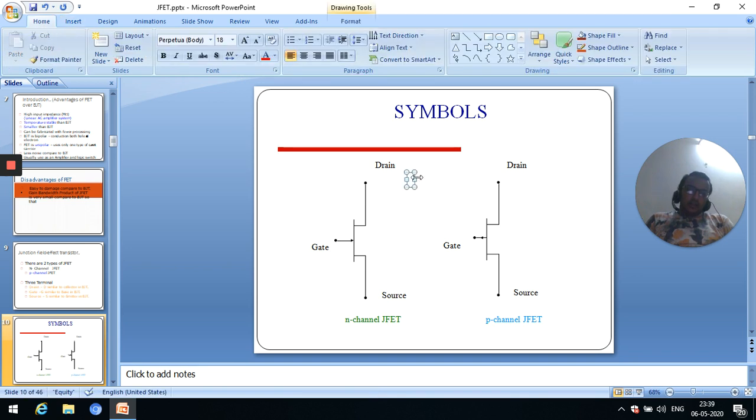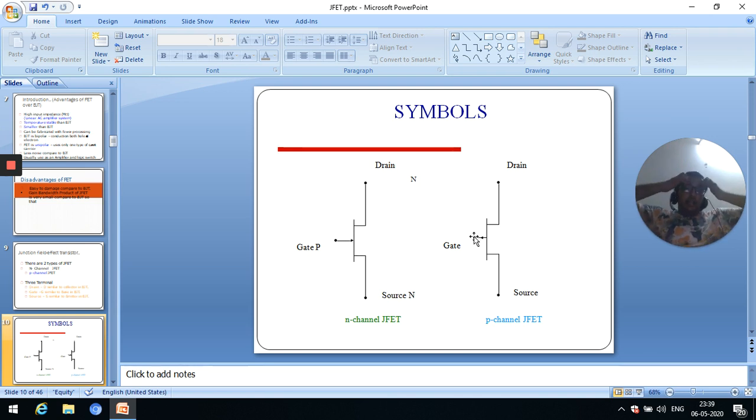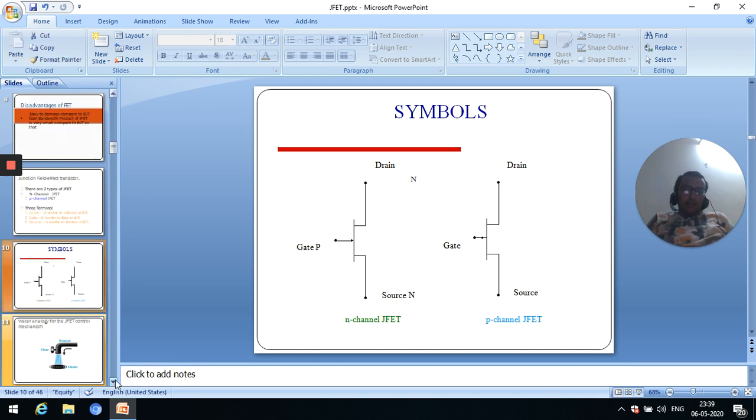Here N, here also N. So between the two N channel, here it is known as P. So current flows between P to N. That's why the direction of current is inside here, and here the direction of current is outside. So it is the concept of N channel JFET and P channel JFET.